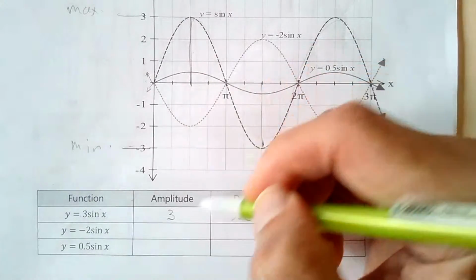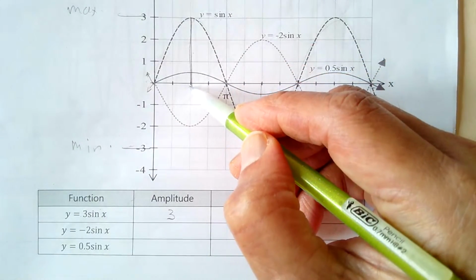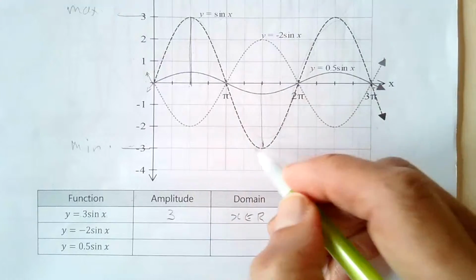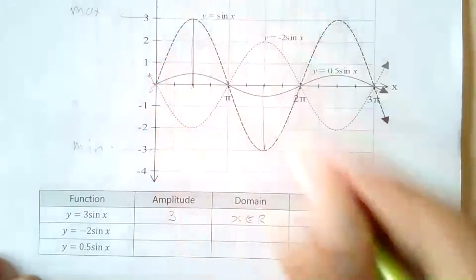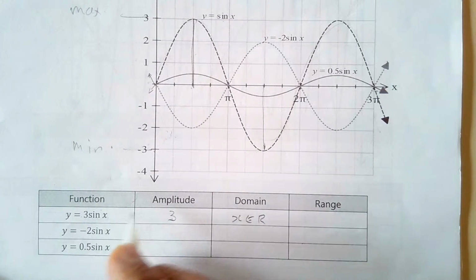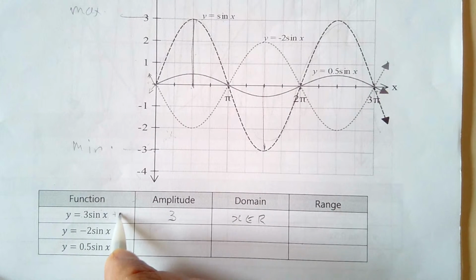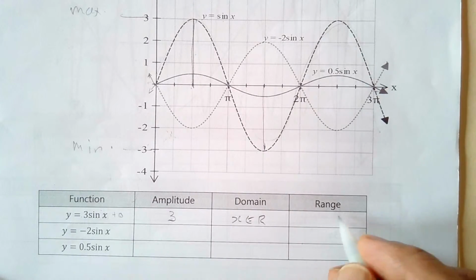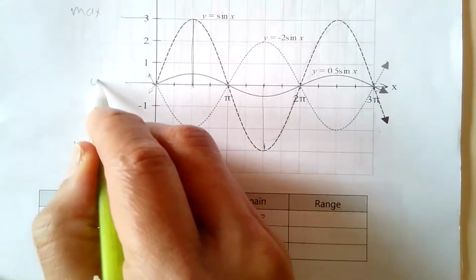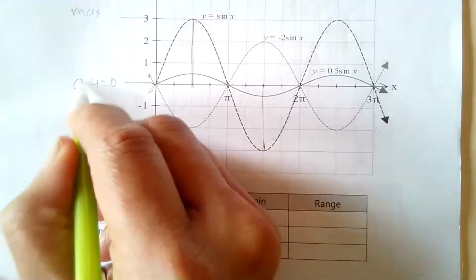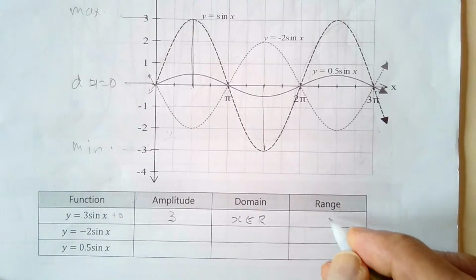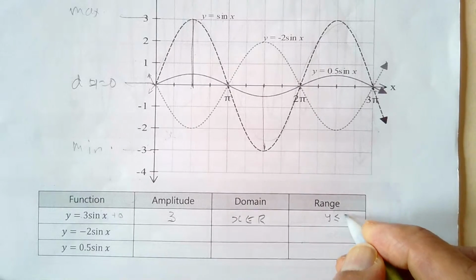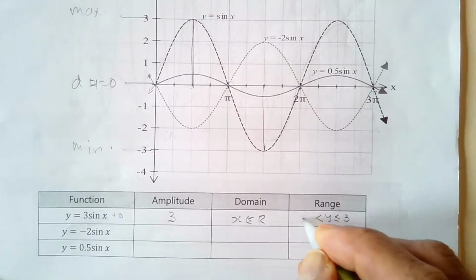The range now is negative 3 to 3. And you look at your amplitude here. By the way, plus 0 here would be your d. Your midline is 0. So this is your midline here, which is y equals 0, or d is 0. So the range is where y is between 3 and -3.